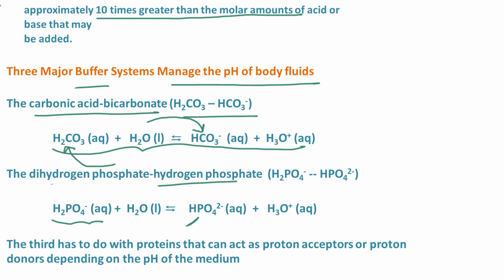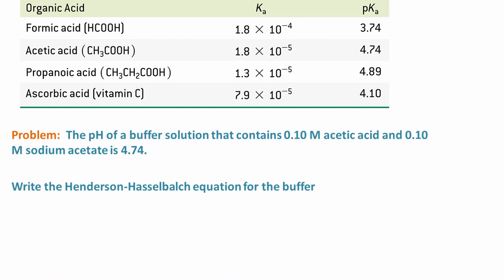They can act as either proton acceptors or proton donors, and that depends on the pH of the medium or of the fluids. We'll talk about all three of these systems in Chem 252. So for now, let's continue on.